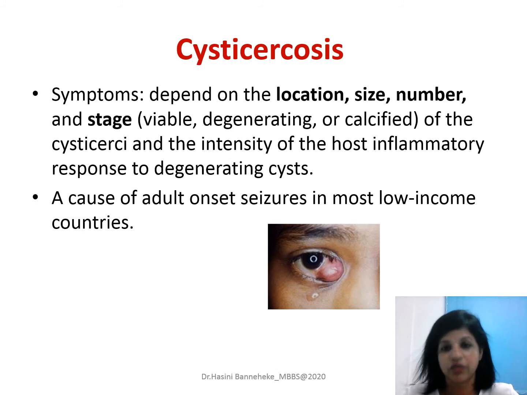And also the size, obviously, because the slow-growing tumor-like impact can only be relative to the size, and then the number, and of course, as I described earlier, the stage, whether they are viable ones, the live ones, or degenerating ones, or calcifying ones, or growing ones. So the symptoms depend on the post-inflammatory response to these ones.